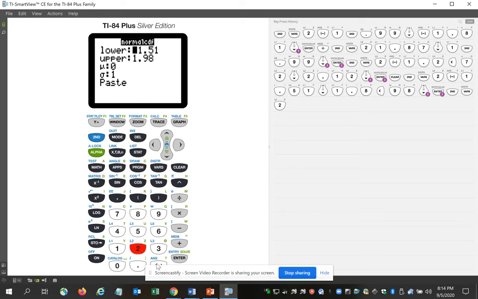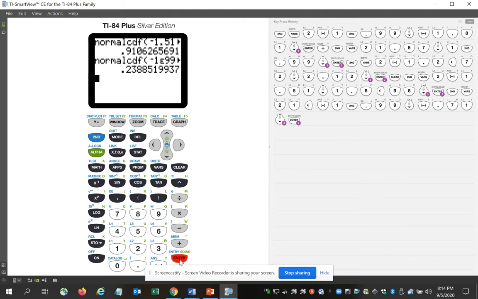I'm going from negative infinity, so negative 1, whoops, I missed my negative sign there, guys. Negative 1, second, comma, 99, up to negative 0.71, mean is 0, standard deviation is 1, and we paste and enter.